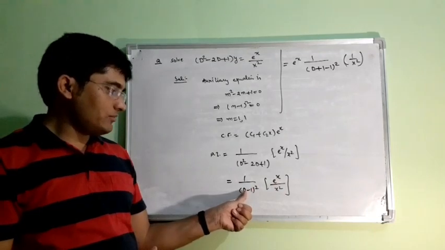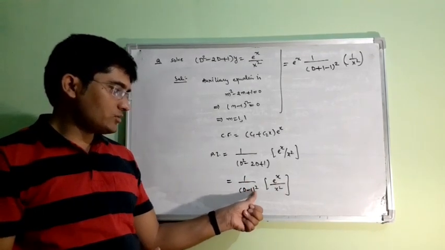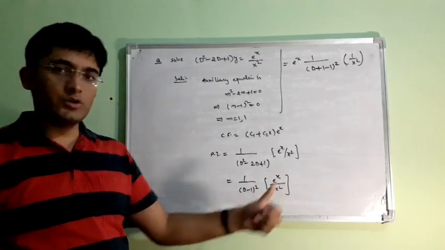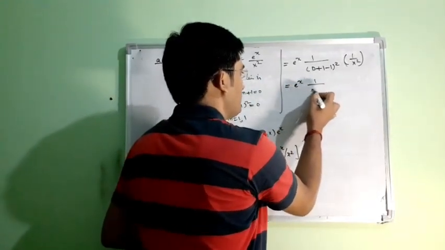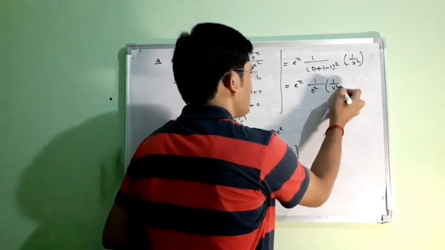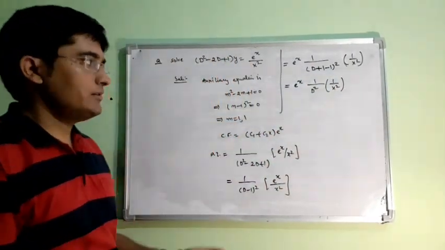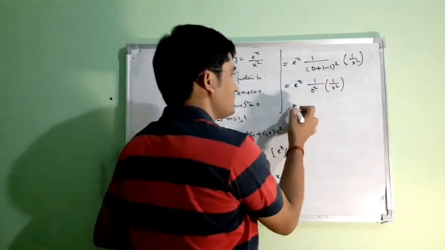So we will have 1 upon (D plus 1 minus 1) whole square, and in the bracket we will have 1 upon x square. So this is e to the power x times 1 upon D square of 1 upon x square. Now this is 2 times integration of 1 upon x square.